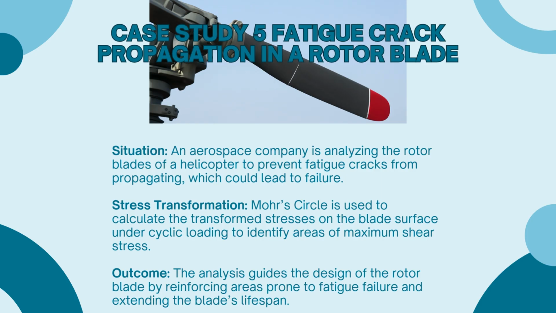without permanent deformation. Let's now look at case study 5, fatigue crack propagation in a rotor blade. Situation: an aerospace company is analyzing the rotor blades of a helicopter to prevent fatigue cracks from propagating, which could lead to failure over time. Stress transformation: Mohr's circle is used to calculate the transformed stresses on the blade surface under cyclic loading.